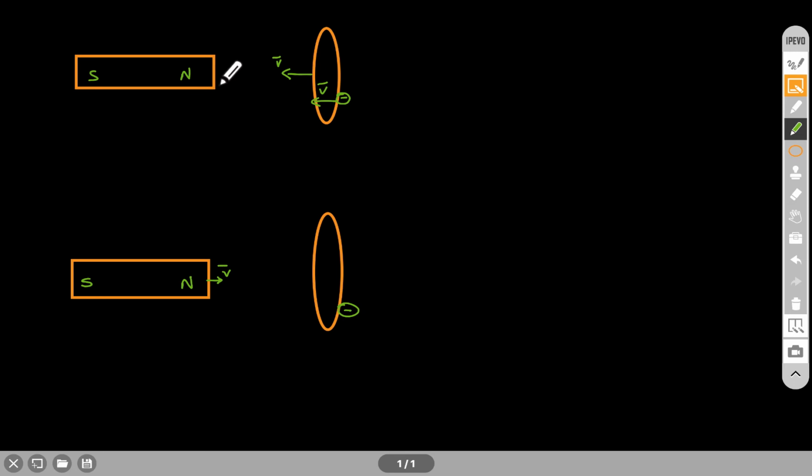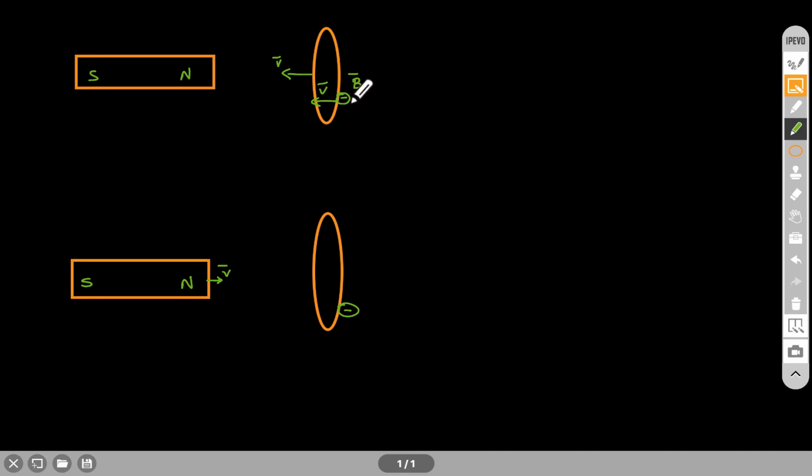Now, because the bar magnet creates a magnetic field everywhere around it, at the location of the moving mobile charge there will be a magnetic field. So at that location, there will be a B. Now, I don't really care about the direction of B at this point. It depends on whether this is the South Pole or the North Pole, and at what point exactly you're considering the charge to be. I don't really care about the direction.